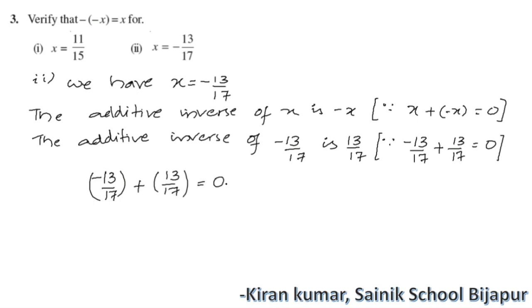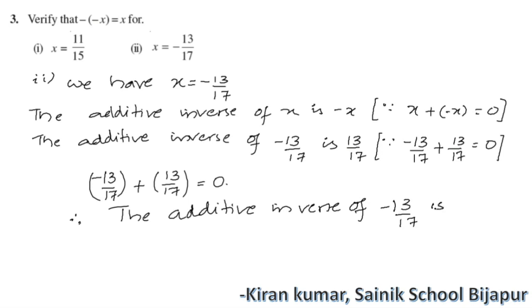The sum is 0. Therefore, this shows that the additive inverse of negative 13 upon 17 is 13 upon 17.